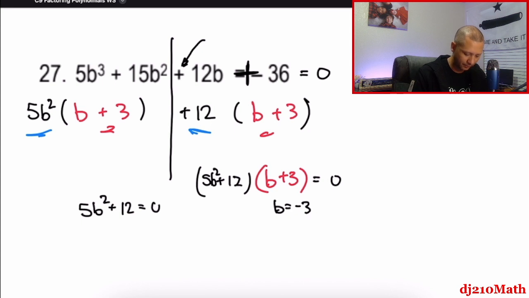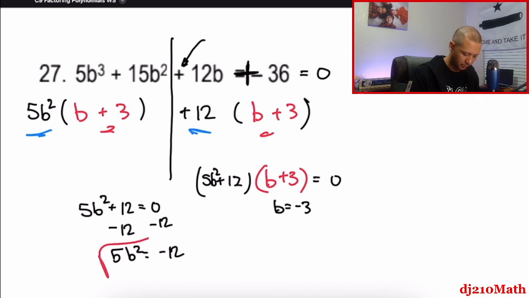I don't like this at all. Because when we set this equal to 0, I can already see what's happening. I'm going to have to subtract 12. And look, we have 5b squared is equal to -12. And when we take the square root, we have a square root of a negative inside. So that one's no good. It makes a complex number. Yeah, we'll leave it at that.